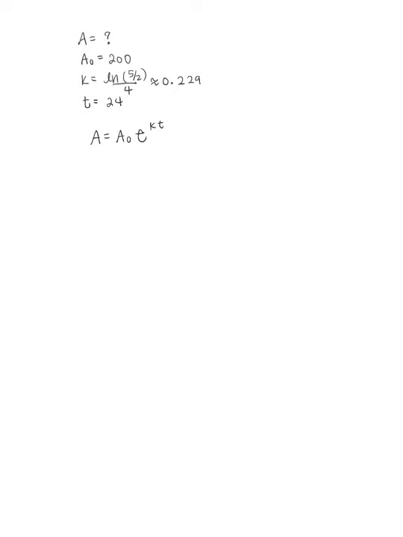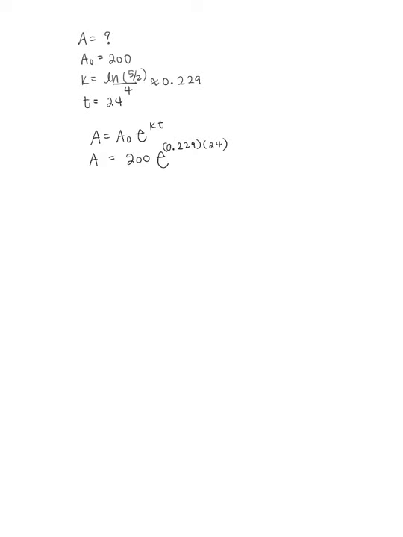Again, A is what we're looking for, so let's just plug and chug. So this implies that our A is A sub 0, which is 200, times e to the k, which is approximately 0.229, and then multiplying here by 24. Now we need to type this in our calculator.